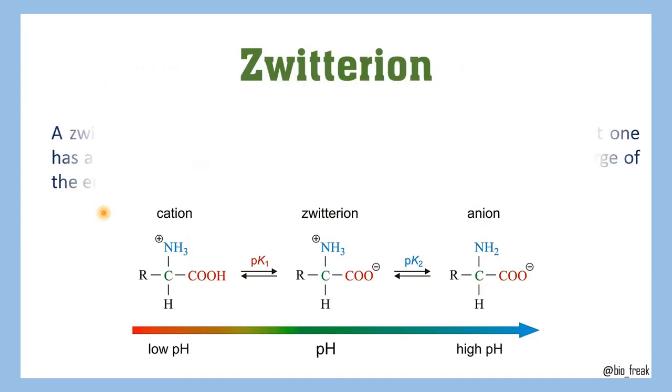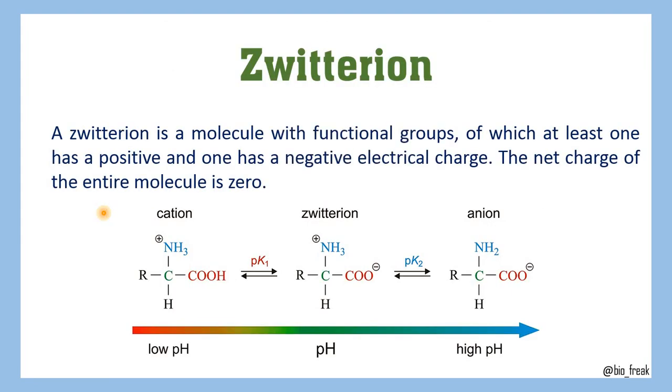Moving further, this is kind of a property of amino acids. So whenever we talk about amino acids, you won't find them in a particular, let's say, cationic form or an anionic form or zwitterionic form. They will be in the equilibrium, and it all depends on the pH. So let's say in a particular medium where the pH is very low and you have this amino acid, you will find them in the cationic form.